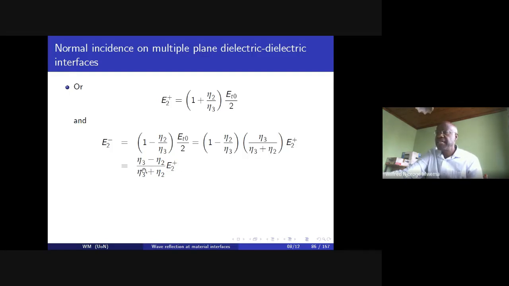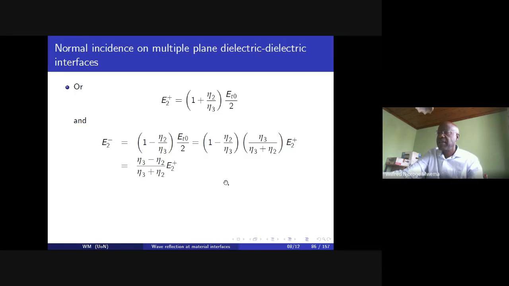And therefore we see that it has the form of a reflection coefficient, whereby we have an intrinsic impedance of a load medium. Medium 3 is terminating medium 2, with characteristic impedances eta 3 and eta 2 respectively.